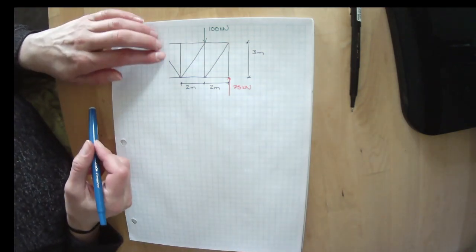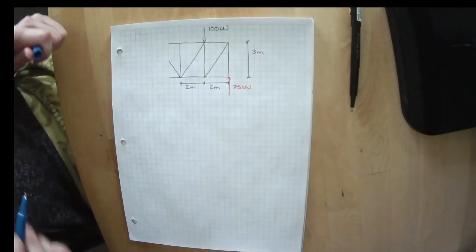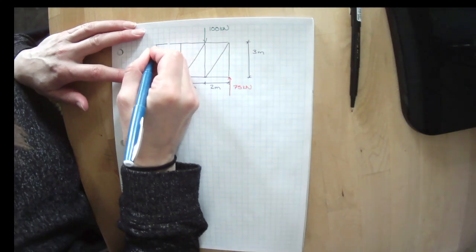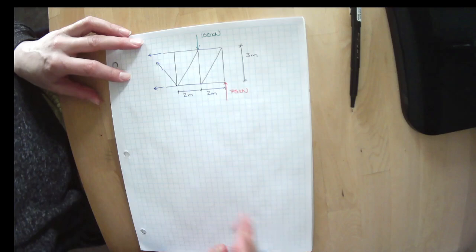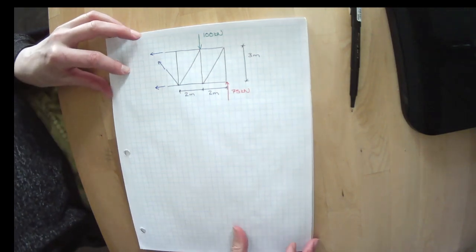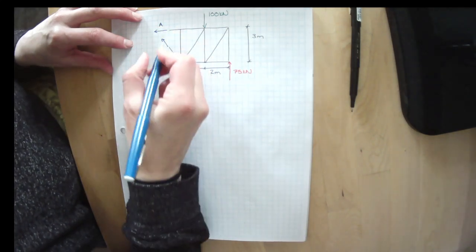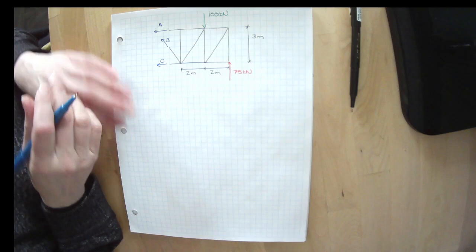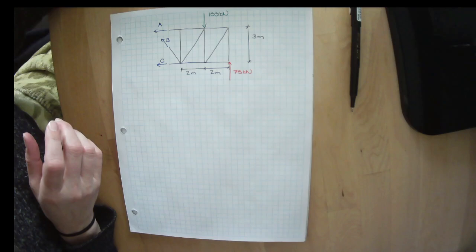That means there must be internal forces here that stop it from moving. We don't know what those internal forces are, and I, being lazy, always like to draw those unknown forces as if they were in tension. So I'm going to draw them all in tension, and then I'm going to calculate to see what the values are. If I get a negative number, I'll know I was wrong.